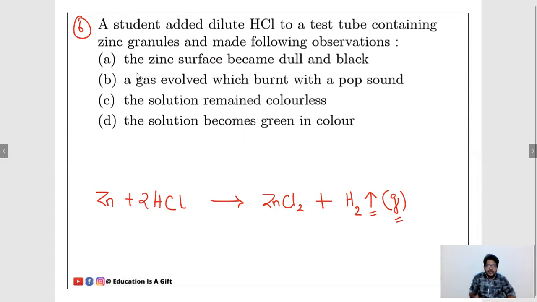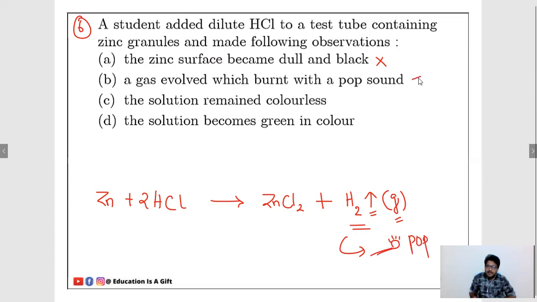Now let us see. The zinc surface became dull and black? No, total zinc will be dissolved in it. There is no remains of zinc. So that is not the answer. A gas evolved which burnt with pop sound. The gas is hydrogen gas, and what is the test for hydrogen gas? If you bring a burning splinter near hydrogen, it will be put off with a pop sound.